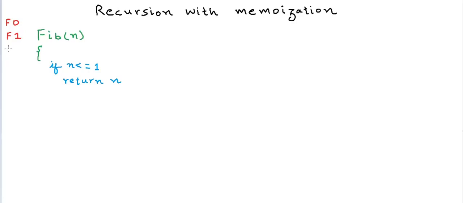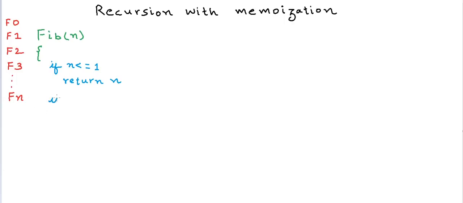So let's say once we calculate f2 for the first time, we save it in the memory so that I do not recalculate it again. Similarly, for any fn like f3, f4 and so on, once I calculate it for the first time, I will save it in the memory.